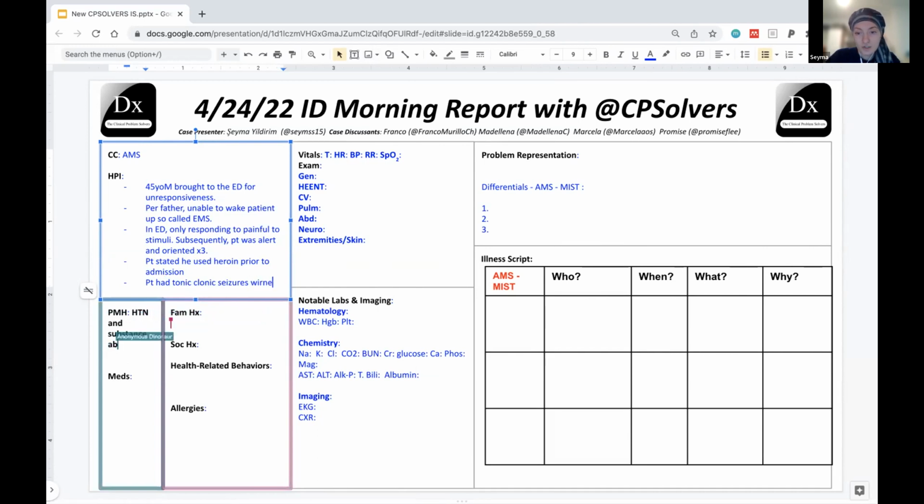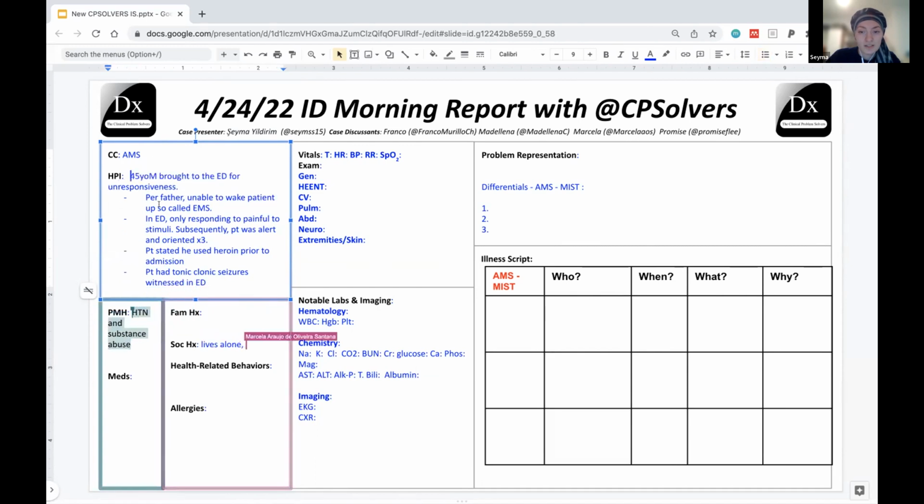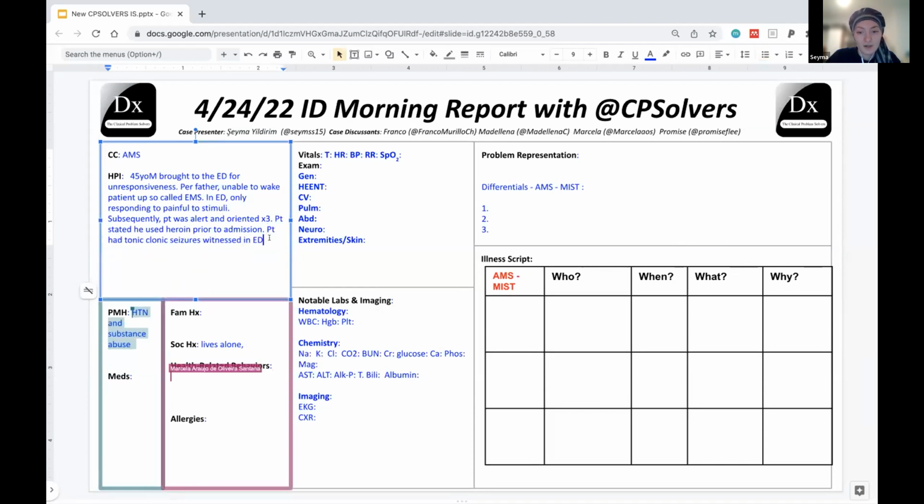And in social history, he lives alone, and his father reports that his son is using heroin, but he denies alcohol, and he doesn't use any medications, relying on the reports of his father, and there are also no further medical records based on that. And that's the end of the second aliquot.